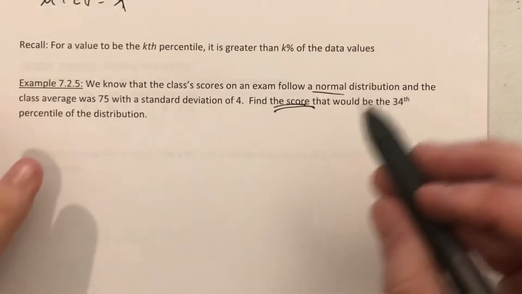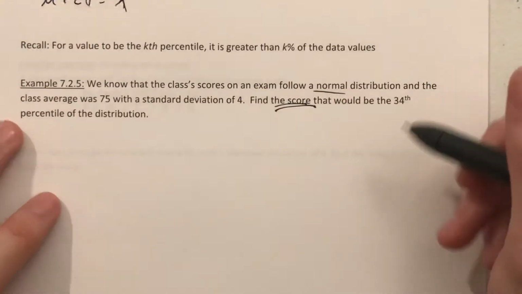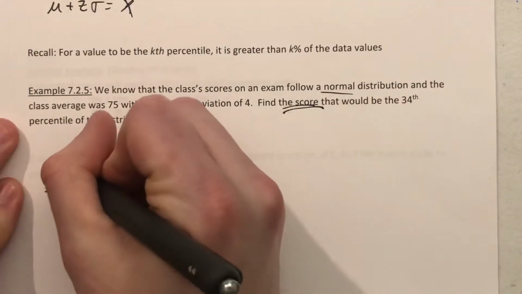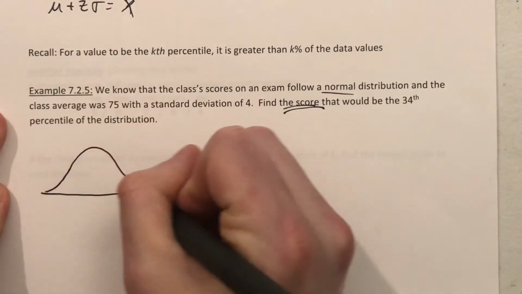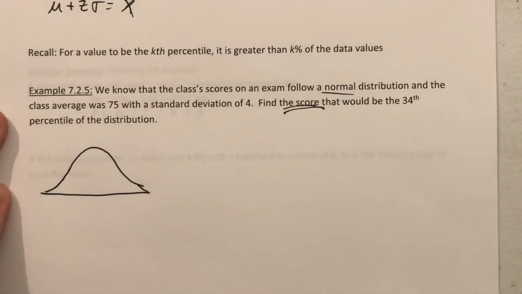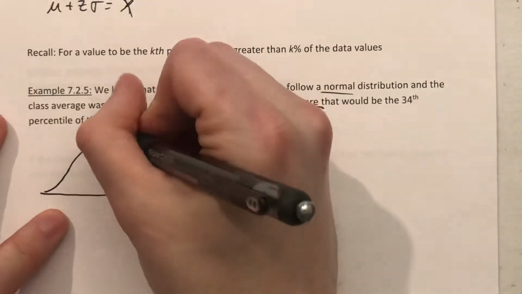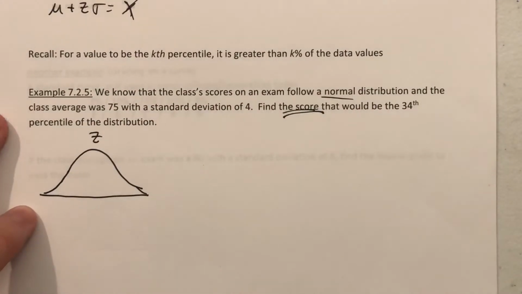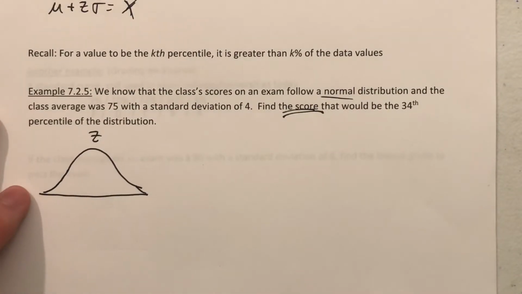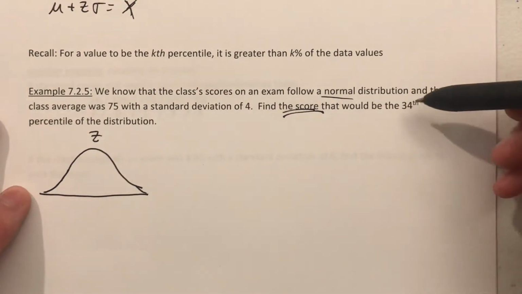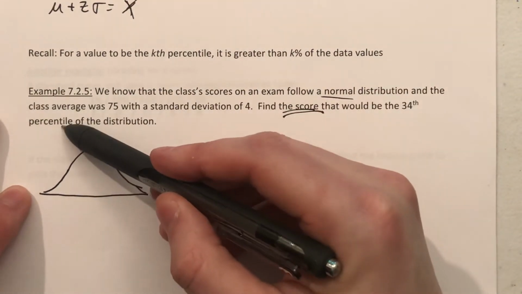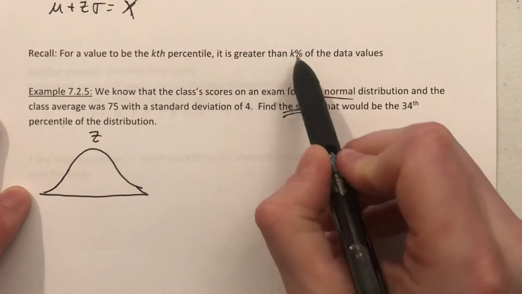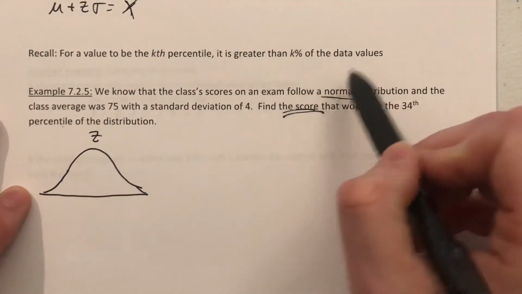So for this, the steps are actually above on the page here. We're going to start with just one normal curve. That's all we need. We actually don't need two for this picture. And we'll go ahead and consider this to be z-score world, a z-score picture. Now, using what we just recalled of what the word percentile means, to be in the 34th percentile means you're at a value with 34% of the values below it.